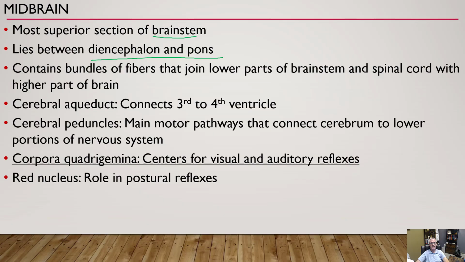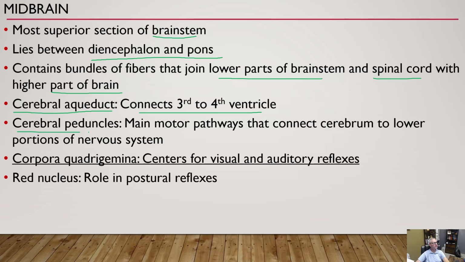It's between that diencephalon and the pons. So it's going to connect the lower part of your brainstem and the spinal cord with the higher portion of the brain. That's where we find that cerebral aqueduct. Remember, that connects that third and fourth ventricle for cerebral spinal fluid to run through.